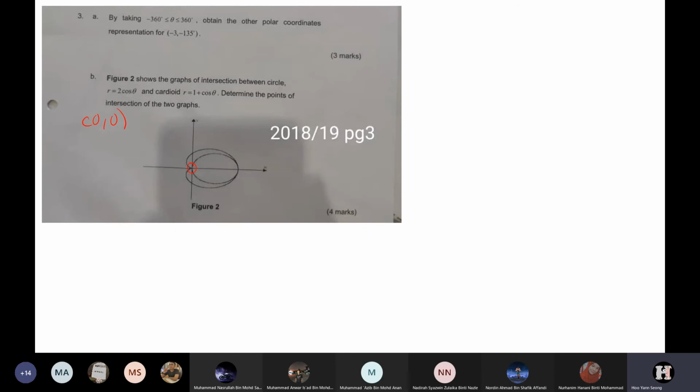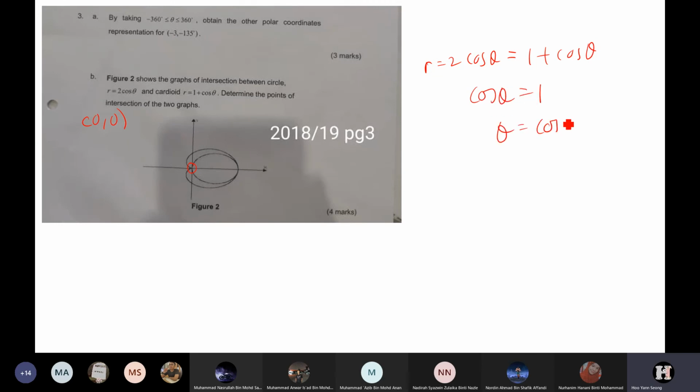But since the graph is provided, no need to look for it. Then what you still need to do is set 2 cos theta equal to 1 plus cos theta, so cos theta equals 1.